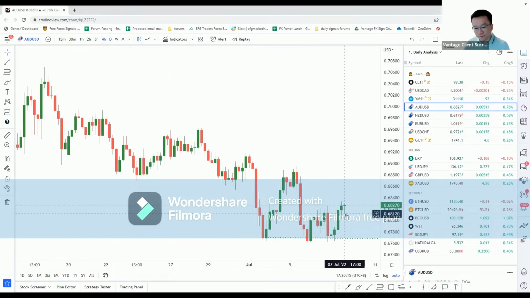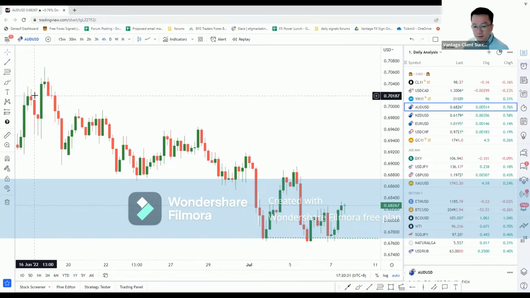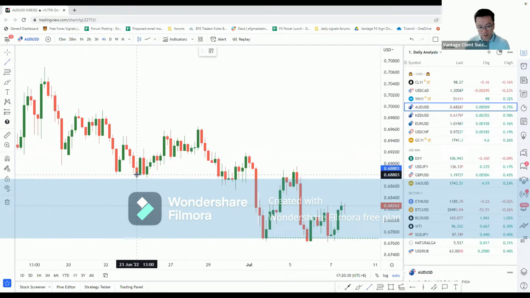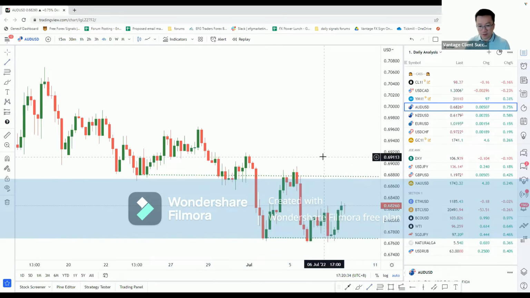Although I'm looking for further downside, what I would be looking for is whether the Aussie dollar could retrace upwards, correct towards the upside, before turning back down again. I think we could see a bit of a repeat of what happened here on the 5th, with a support level and a resistance level at this 0.6878 level.